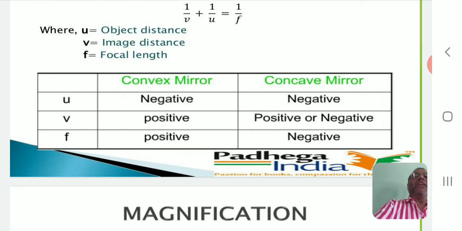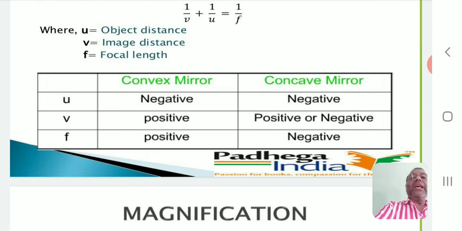Likewise in concave mirror, it may be positive or negative, because sometimes images are formed to the left side and sometimes to the right side. So accordingly we will put the sign.